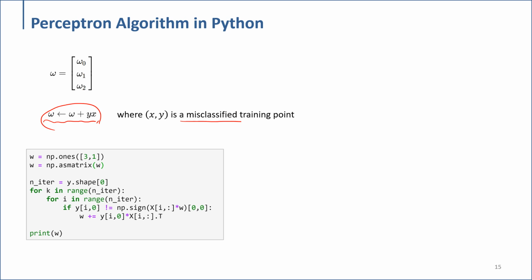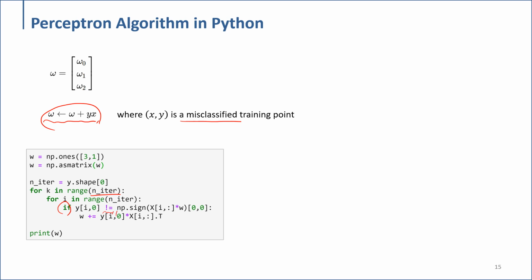For each iteration, we first check whether the point is correctly classified or misclassified.